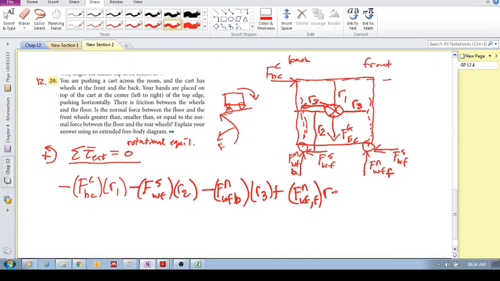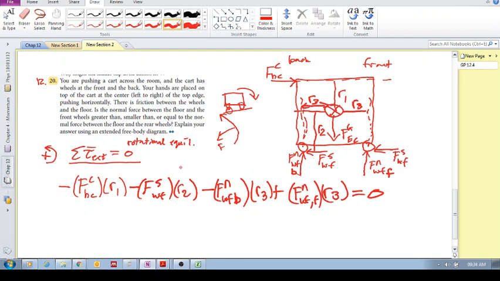So we just call that R3 as well, and then that equals 0. As you can see, all of these are causing negative moments, and this is a positive moment.